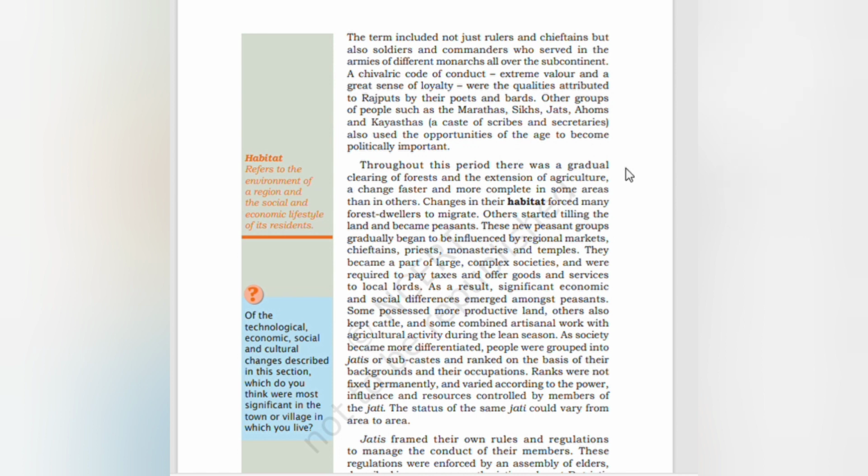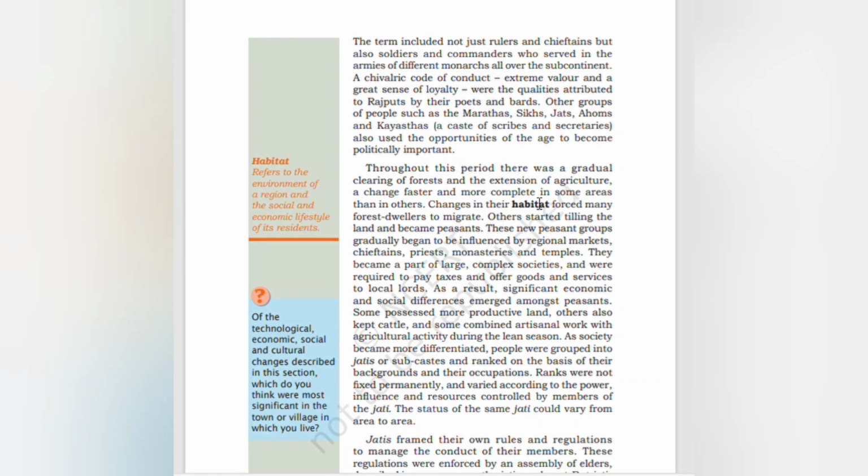Throughout this period, there was a gradual clearing of forests and the extension of agriculture, a change faster and more complete in some areas than in others. Changes in the habitat forced many forest dwellers to migrate. Others started tilling the land and became peasants.